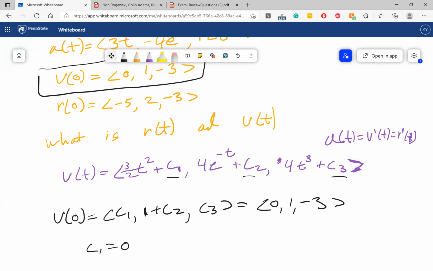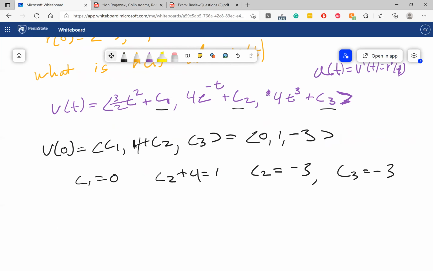So 4 plus c2 is going to be 1, so c2 is going to be negative 3. And c3 is going to be negative 3.